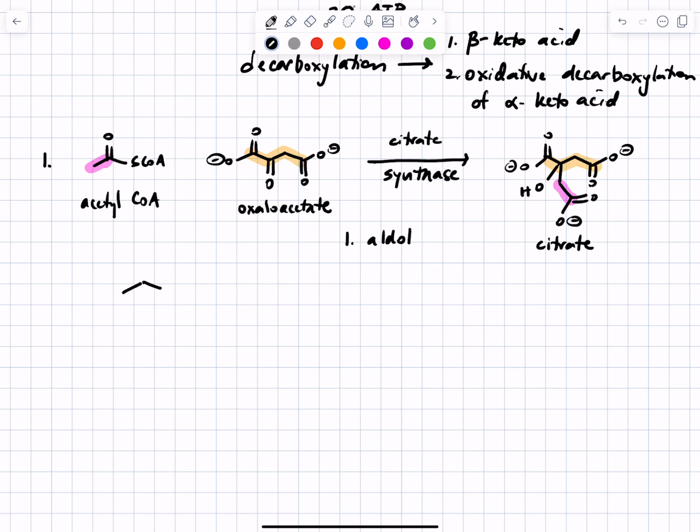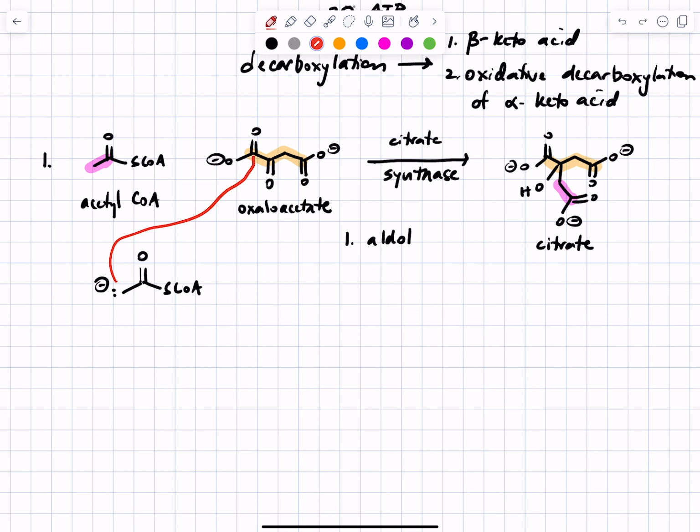Here's the acetyl-CoA enolate with a negatively charged alpha carbon. It's going to attack the carbonyl carbon to get a tetrahedral intermediate. That's the aldol step. I'll draw briefly the intermediate that would be present after that aldol step.